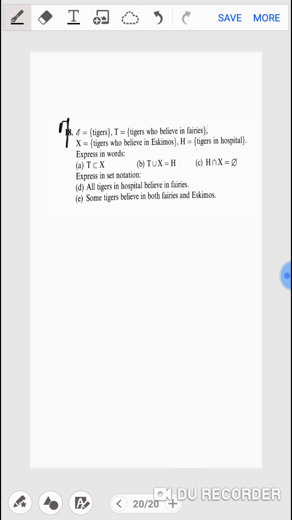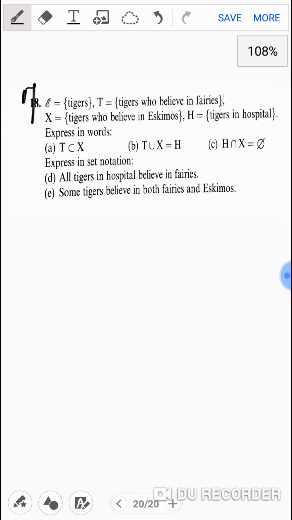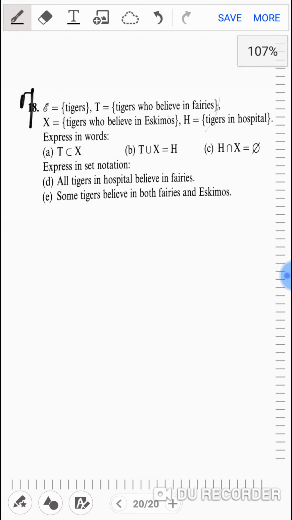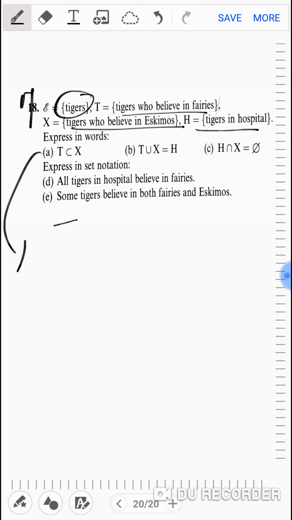And that is your problem number 7th, and it says: the universal set is a set of all tigers, T is tigers who believe in fairies, X is tigers who believe in Eskimos, and H is tigers who are in hospital. First, what do you mean by T belongs to X?